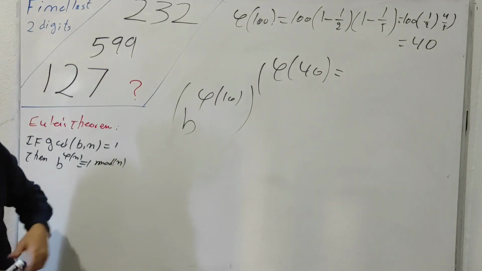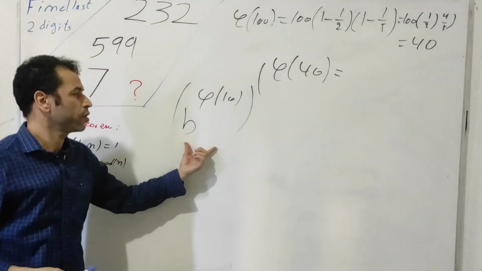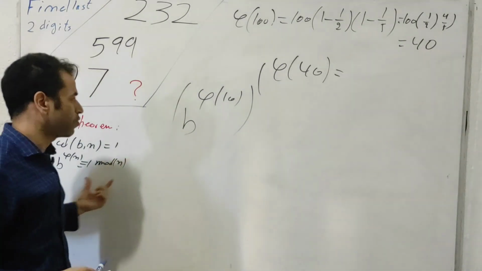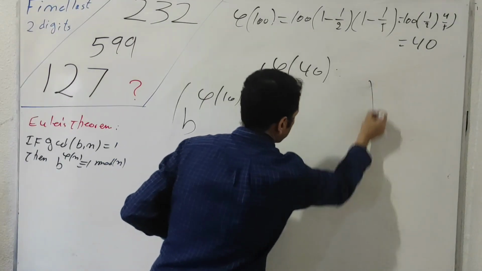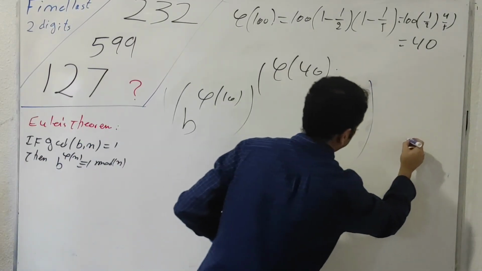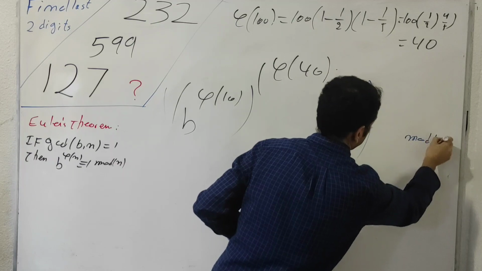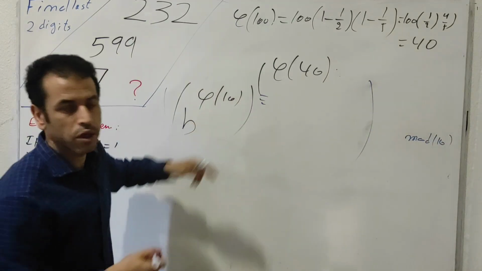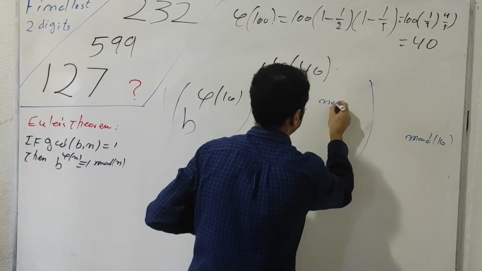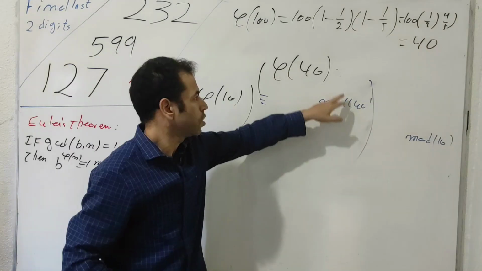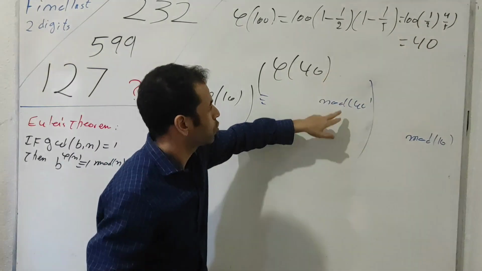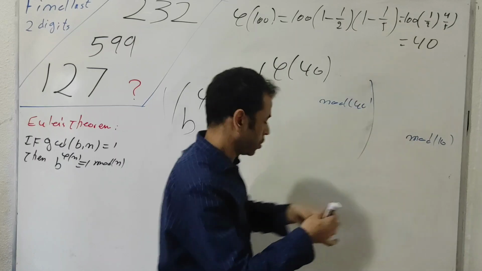This is the same formula that I'm going to apply here. So the whole thing will be reduced to mod 100, this one will be reduced to mod 40, and this one I don't know yet. I have to calculate phi of 40 first.